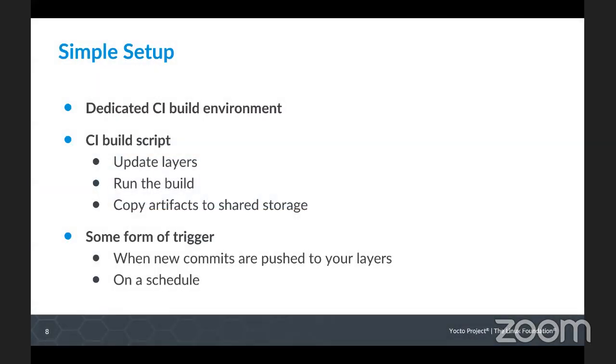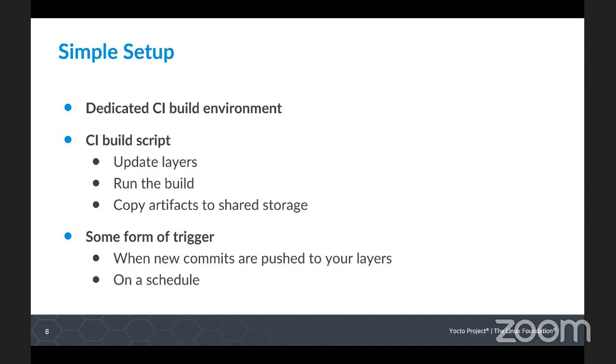Okay, so a simple setup here. What you want is a dedicated build environment for continuous integration or build automation. This should be separate from some sort of developer's machine so that you've not got conflicts happening. You'll need some sort of build script.